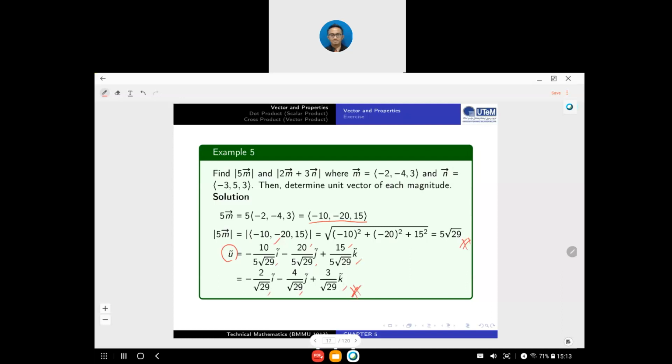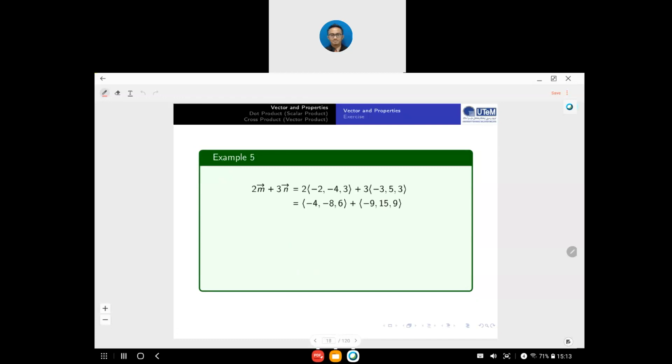That one is for 5m. Now we want to find 2m plus 3n. First, you solve for the vector 2m plus 3n: 2 times vector m plus 3 times vector n. When you solve it, you get -13, 7, and 15.